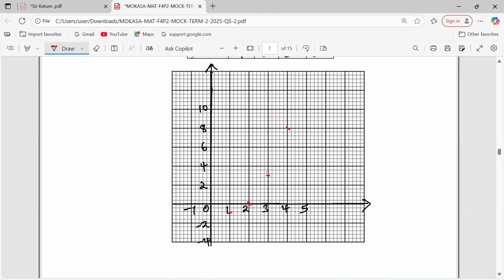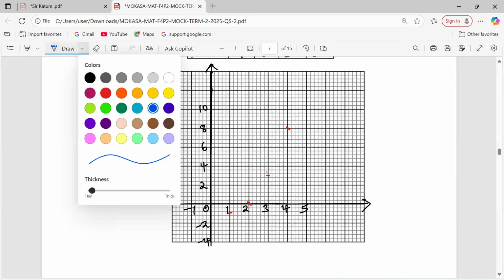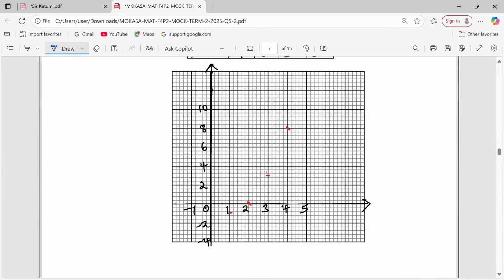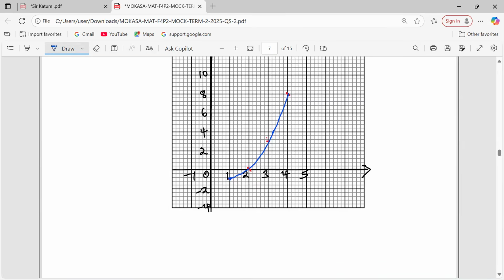So with the coordinates, we can now come up with the curve, make it as smooth as possible. Yeah, that's now the curve already plotted.